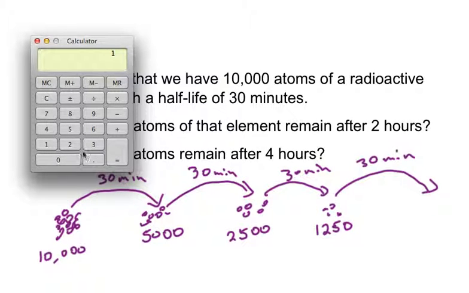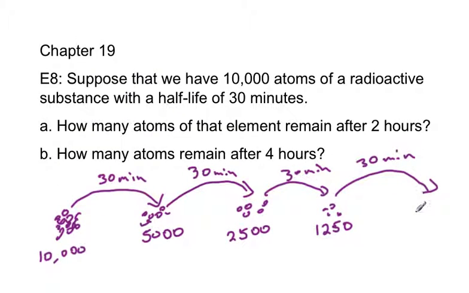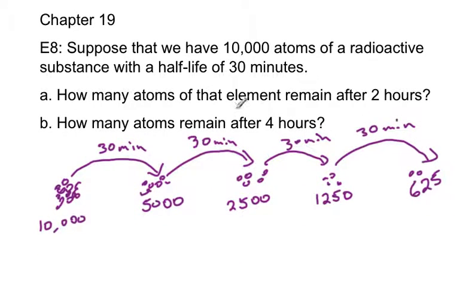Oh, I just had it. Why did I do that? Okay, 1,250 divided by 2 is 625 atoms. So that's how you do A. B, you'd do the same. You have 4 more 30-minute intervals, so take 625 and look at what would happen to it in 30 minutes.